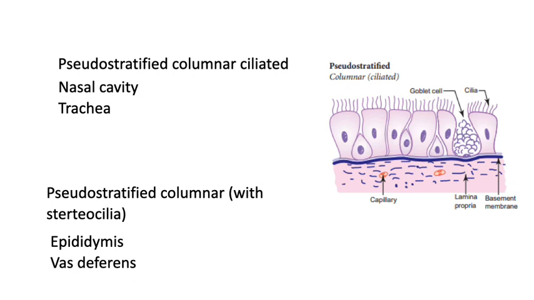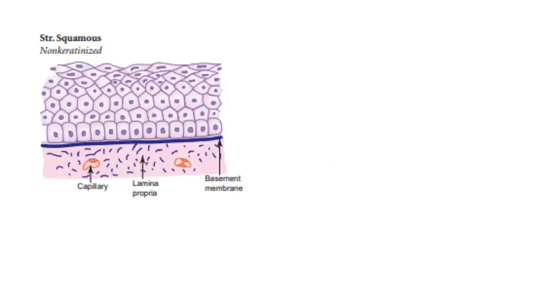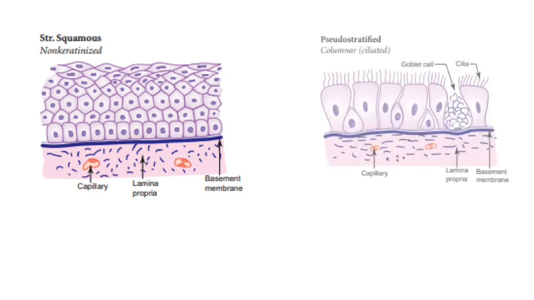Pseudo-stratified columnar epithelium with stereocilia, found in the epididymis and vas deferens. Stereocilia are non-motile. So this is stratified squamous non-keratinized and this is pseudo-stratified ciliated, just to show you how the nucleus appears at different levels.